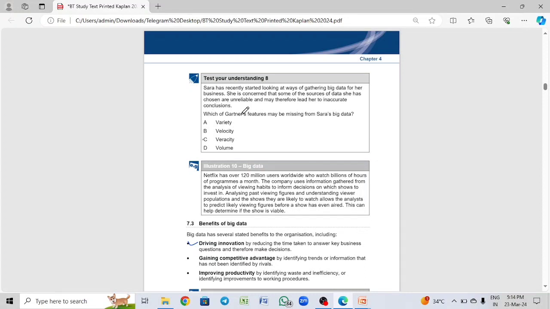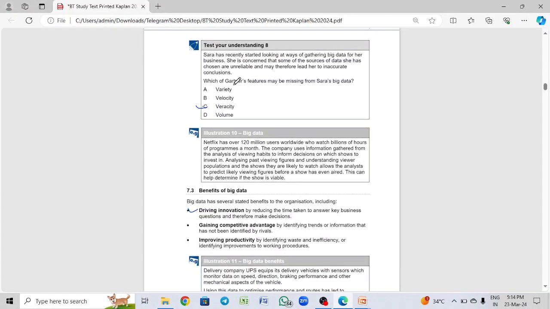Which of Gartner's features may be missing from Sarah's big data? Velocity, veracity, variety, or volume. So it is definitely veracity. Veracity is the accuracy or the truthfulness. Variety and velocity we have, volume we have. It's just the veracity which we do not have.